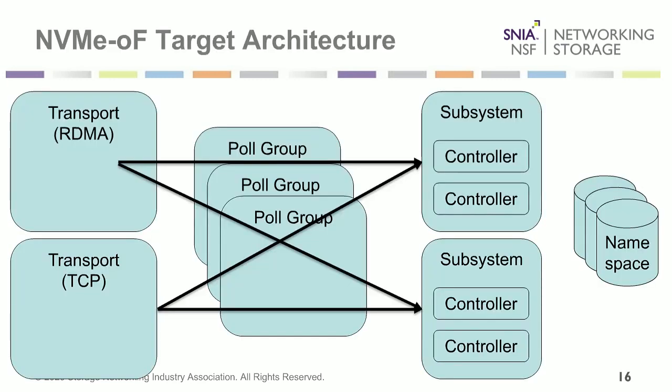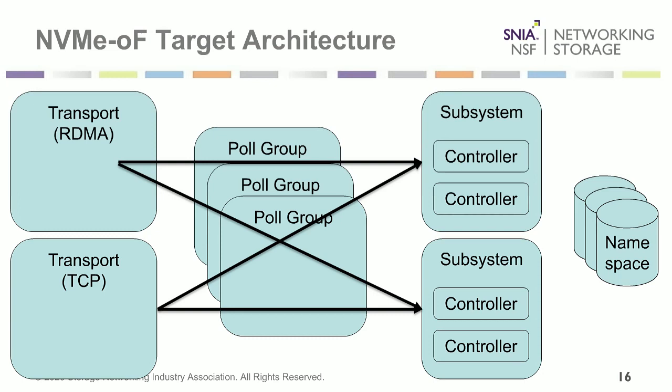So I'll start with an overall picture of the target, and maybe the best place to start is defining what I mean by target. That's the server in NVMe over Fabrics. I don't actually believe the word target appears in the specification, but it is the traditional name for it, taken from iSCSI primarily.